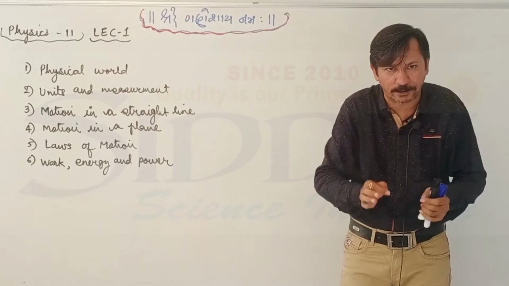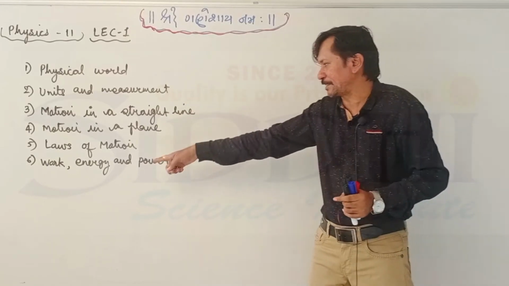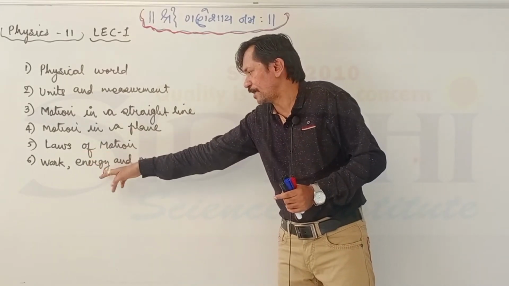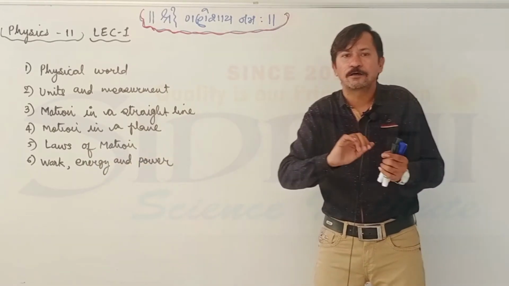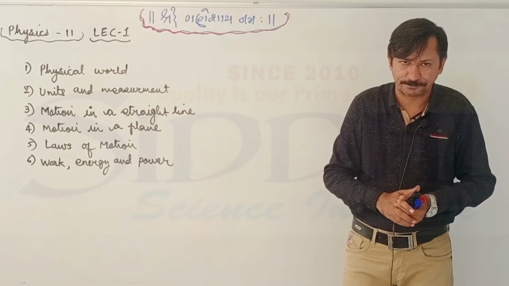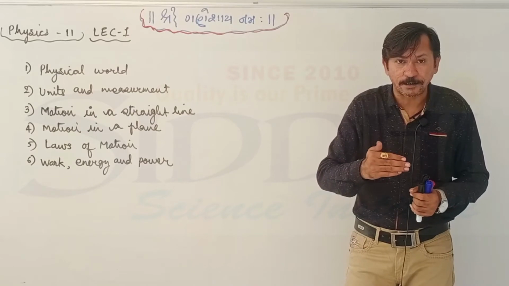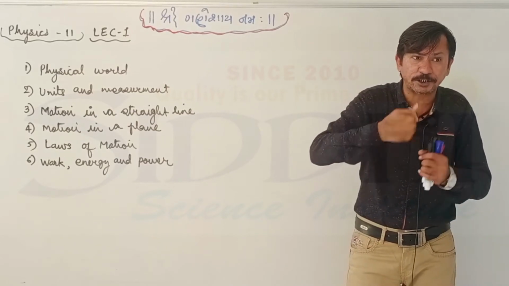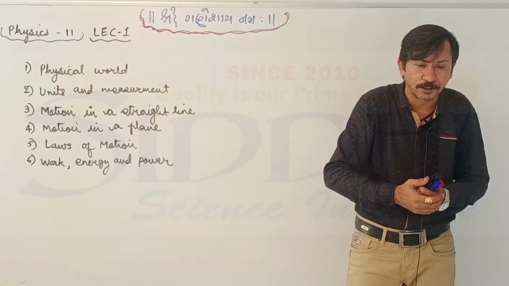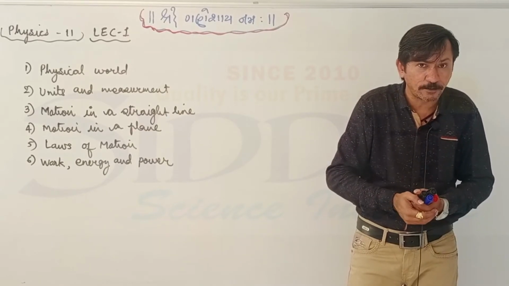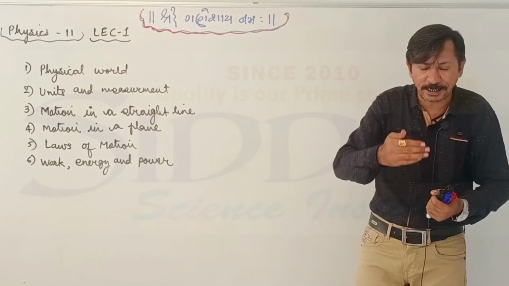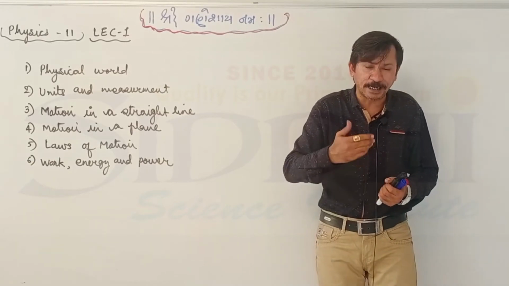And if we understand work, we will deal with energy, because the words work and energy are connected with each other. When work is done, energy is transferred from one object to another. You also know many types of energy, like potential energy, kinetic energy, mechanical energy, electrical energy.